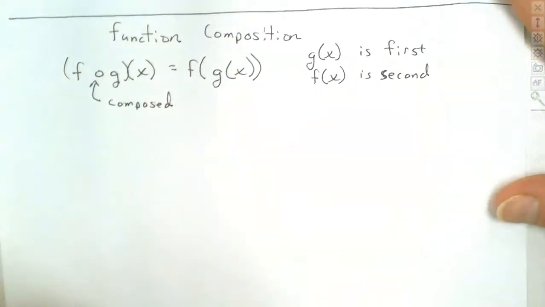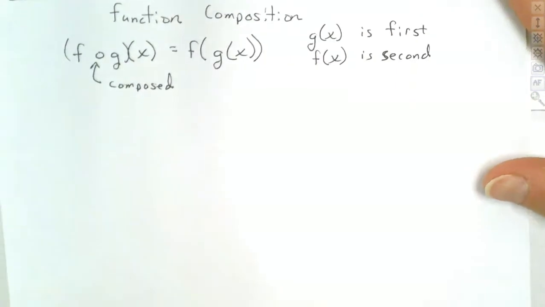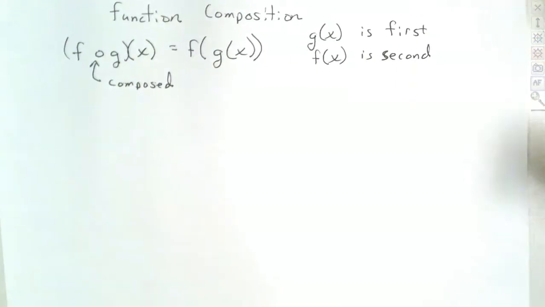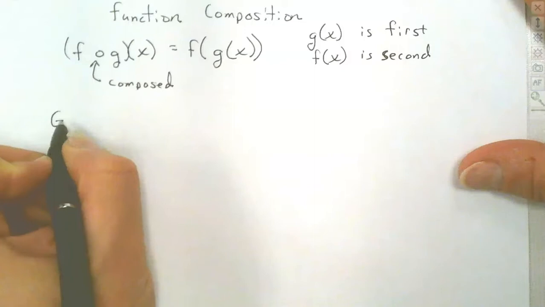So I'm now going to give you some functions to compose together. Now, this is not commutative, meaning order matters. It's like subtraction. You have to watch the order because they're different with different orders. So we're going to do 3 of these. So I'll give you a couple of functions here.